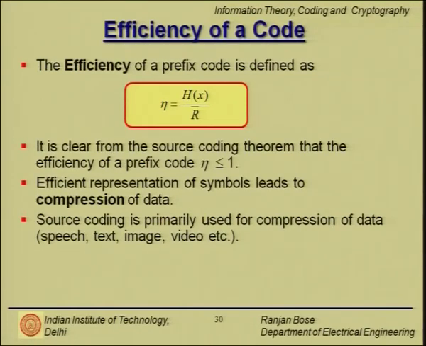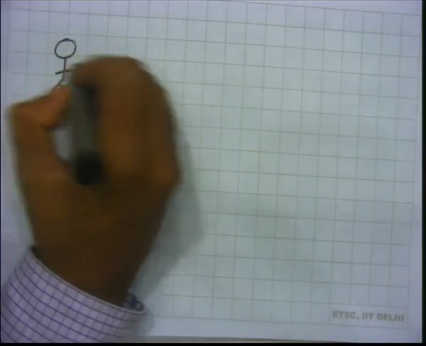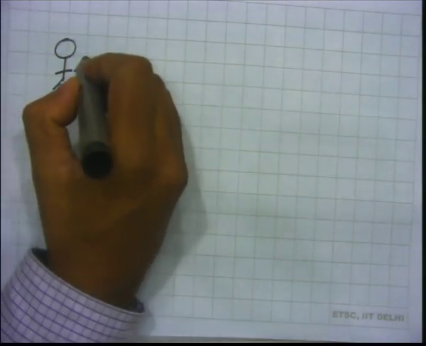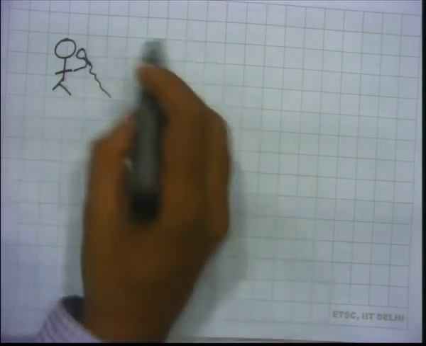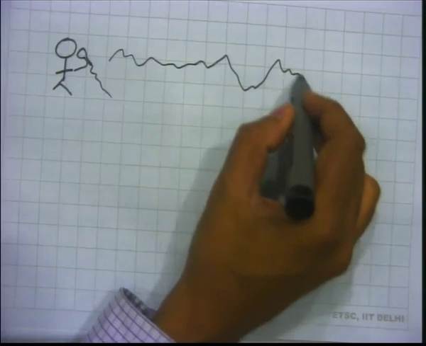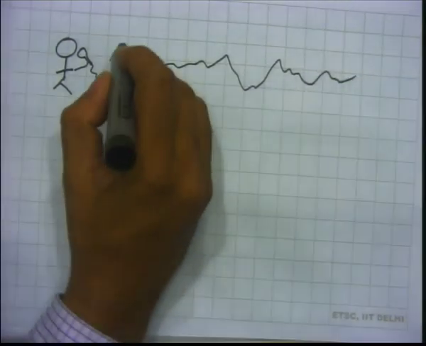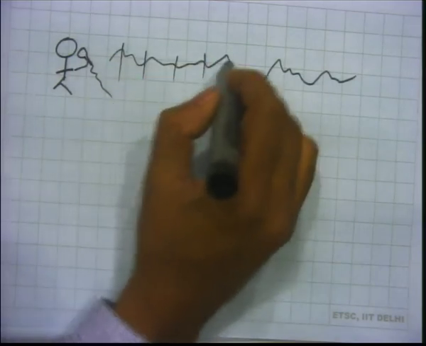So, how do we do, for example, speech compression? Let us look at it. We have a person who is speaking on a microphone, and we have a waveform, hello, how are you? You first have to digitize it.